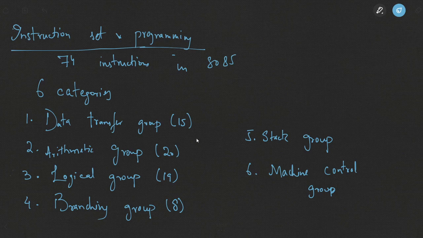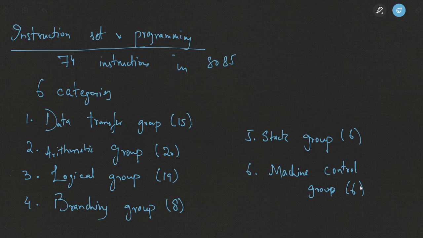Then we have the stack group of instructions. These are 6, and similarly the machine control group has 6 different instructions. Stack group instructions are used for operation of the stack pointer and subroutines, and the machine control group is used for status and control operation of the machine.